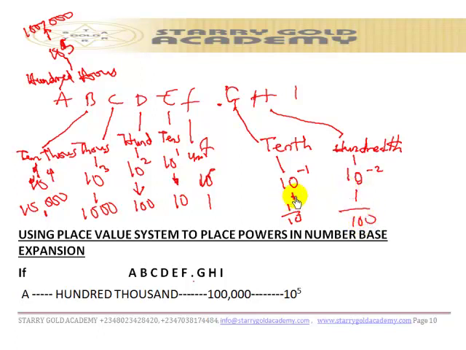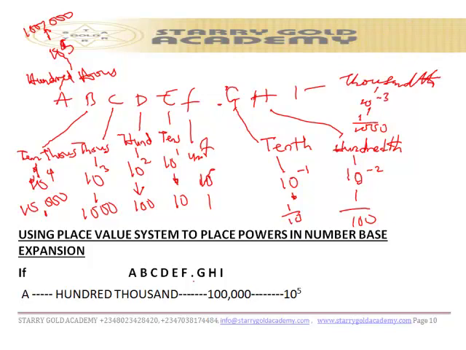Thousandth carries the power of minus 3, and that's 1 over 1000. Now you have seen the relationship between numbers, especially when they have a decimal point.